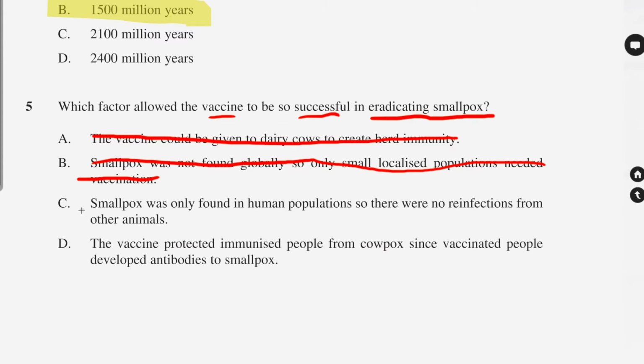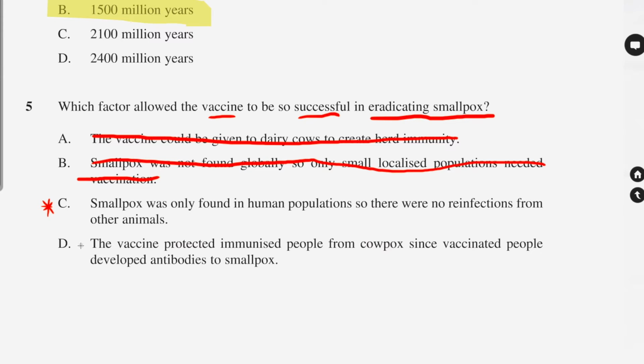Let's have a look at C. Smallpox was only found in human populations, so there were no reinfections from other animals. Now, that sounds like a good point there. It's found in humans. Cows had cowpox. Chickens have chickenpox.